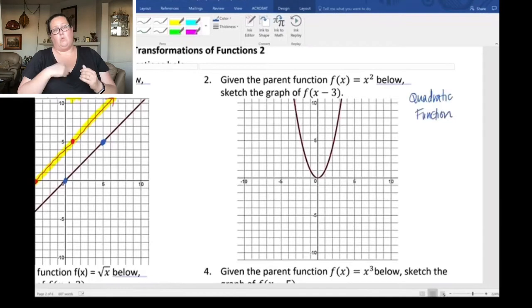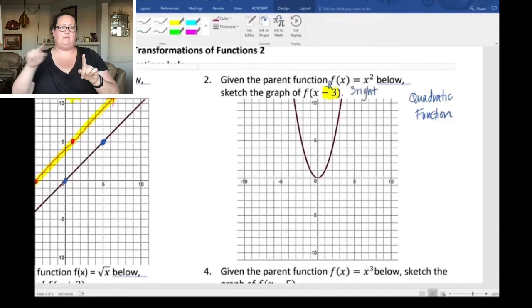So we want to sketch the graph of f of x minus 3. We have the minus 3 that's inside of the parentheses. That's our h value. And remember, with h, we're going to do the opposite of what we see. Instead of going 3 units to the left, we're going to go 3 units to the right.